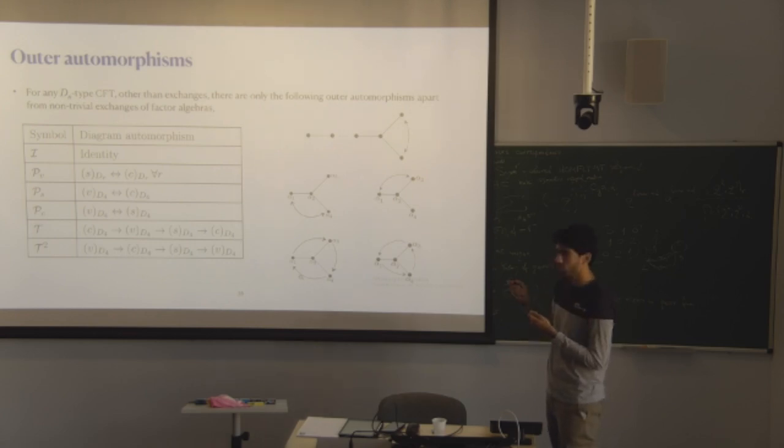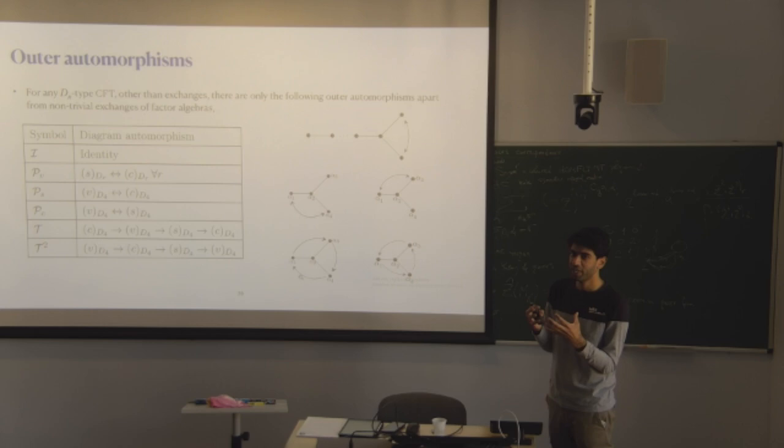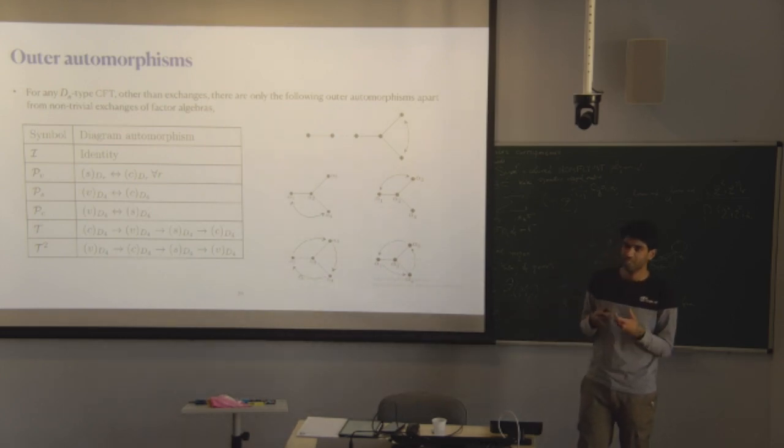But in D-type, you have lots of outer automorphisms, and you would think you would find lots of duality defects, in principle. But then there is only one extension of the symmetry that you can find. So every time you find an eta, you find only one capital N line. That is why it's more interesting than A-type, etc.